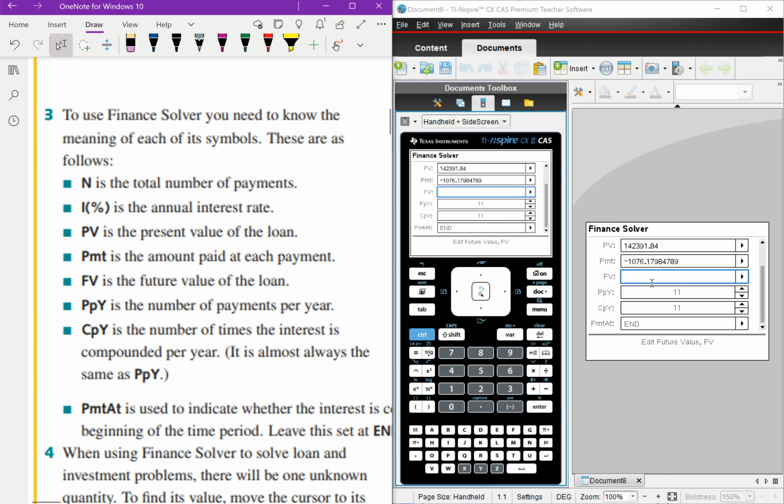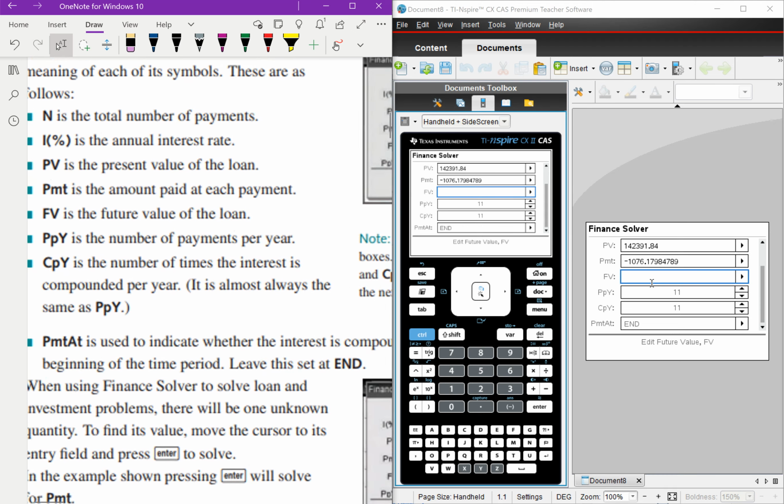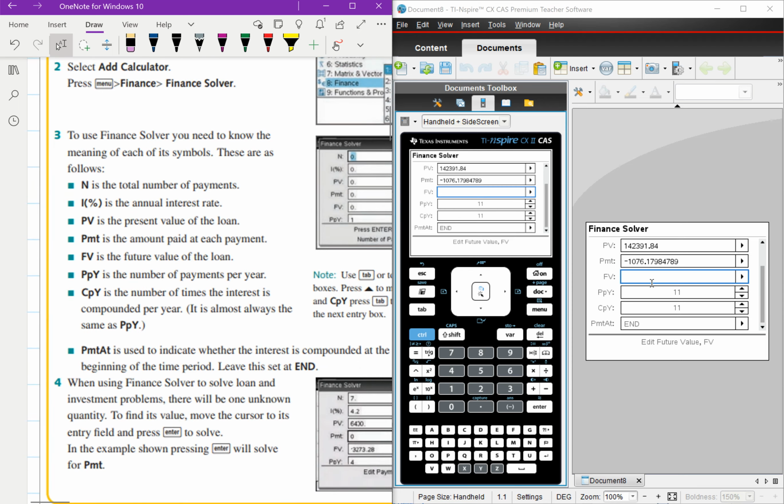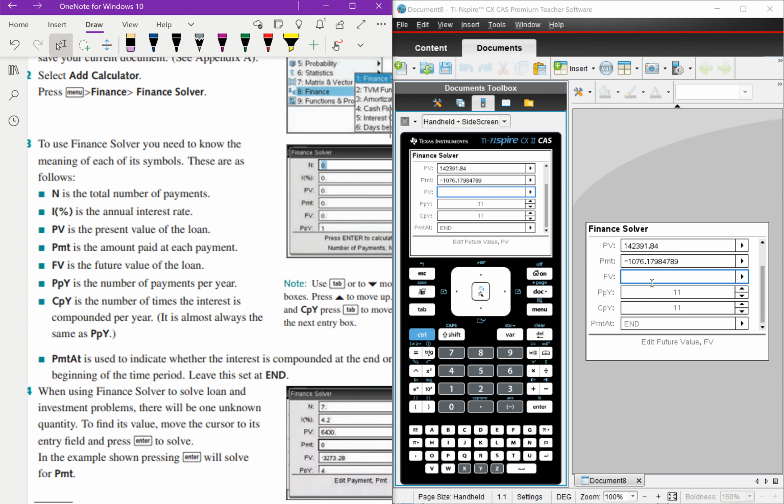CPY is the number of times the interest is compounded. Often these two are the same, so you should find that PPY and CPY are the same. There may be a very rare occasion where that changes, but most of the time it should be the same. And then finally, PMTAT is used to indicate whether the interest is compounded at the end or at the beginning of the time period.